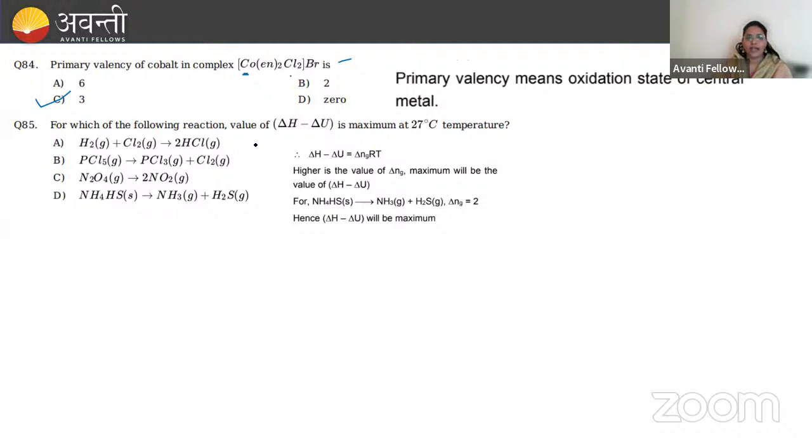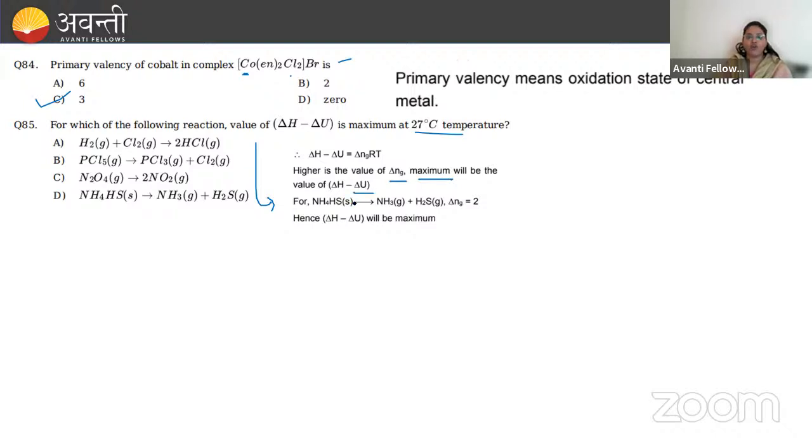For which of the following reactions is the value of delta H minus delta U maximum at 27 degrees temperature? I have summarized the answer directly. Here we were given 4 reactions. The reaction for which delta Ng is maximum will have the more delta H minus delta U value.